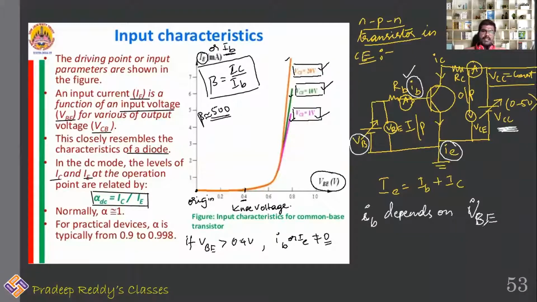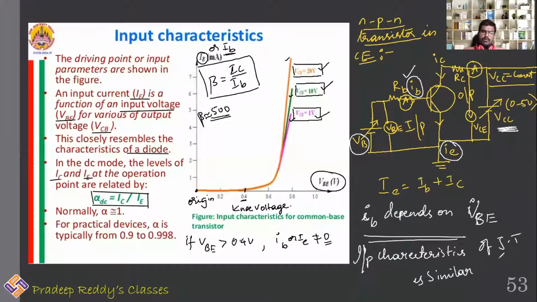As VBE is increased, IB increases. And this graph, the input characteristics of a junction transistor, is similar to the junction diode forward bias characteristics. So whatever graph we have got for a junction diode in forward bias, the same graph you are obtaining here also.